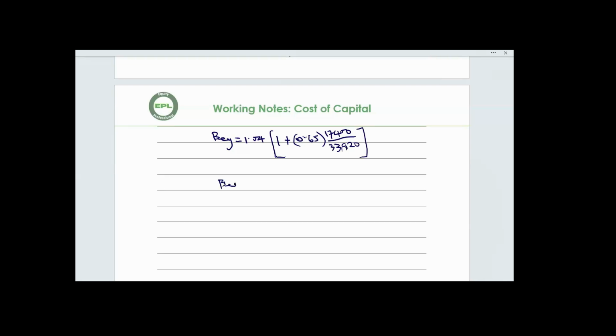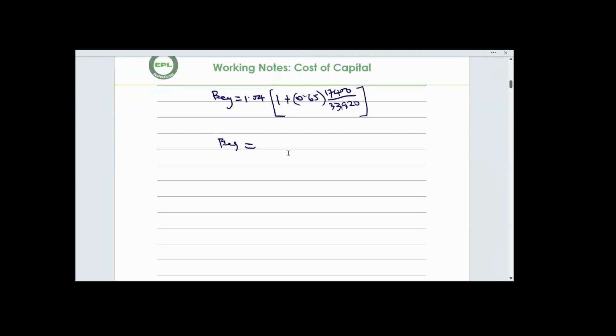So beta equity of a gear will be equal to 17,400 divided by 33,920, multiplied by 0.65, plus 1, multiplied by 1.04.